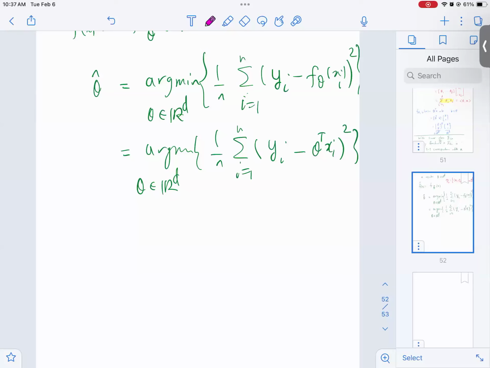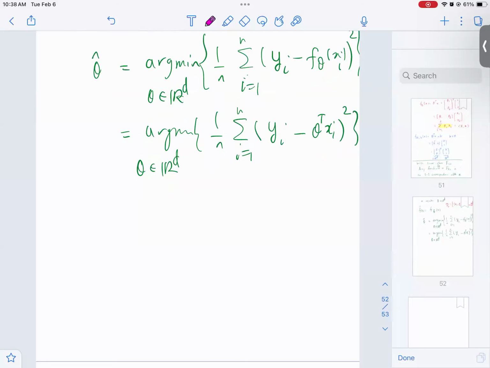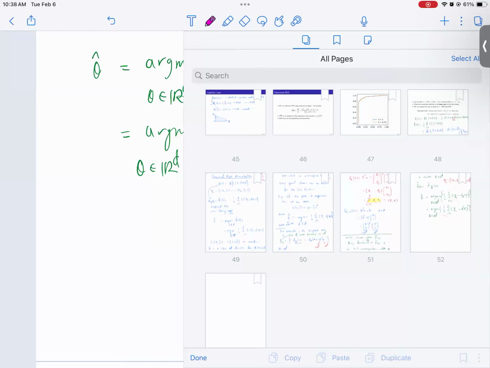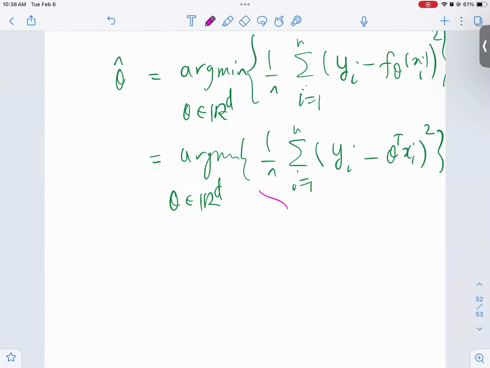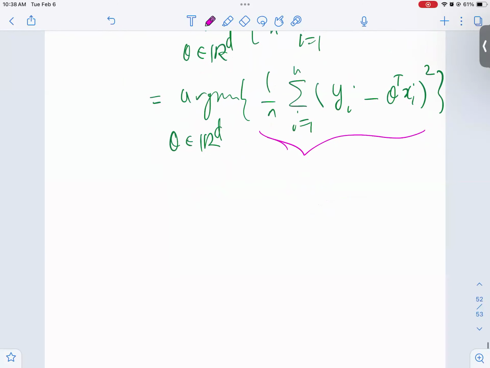So the idea is, if we call this L theta, take the gradient of L theta and set it equal to 0.